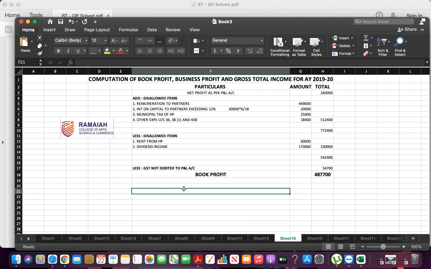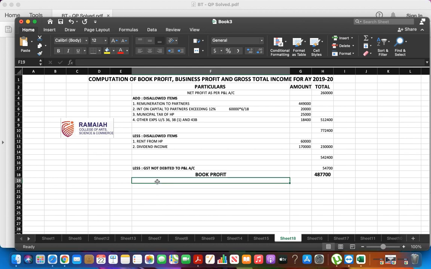Now to calculate business profit, what's the next step? Could you please tell me? Less allowable remuneration under section 184. Yes. Remuneration under section 184.